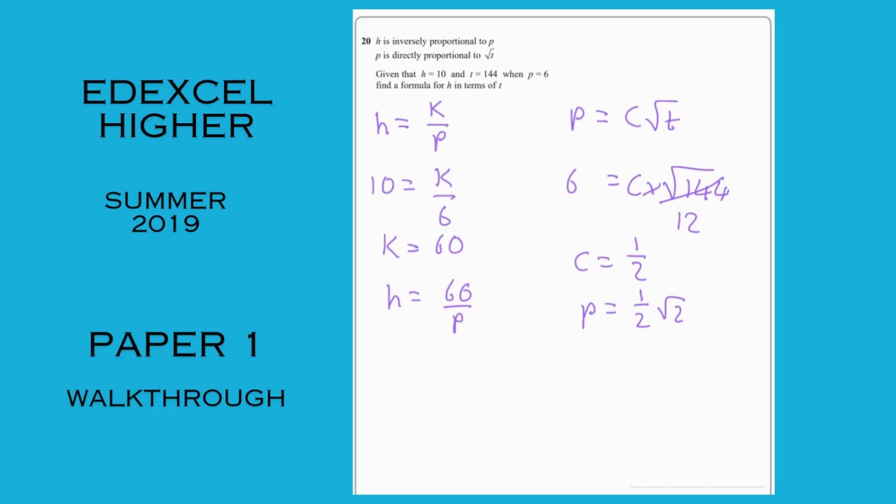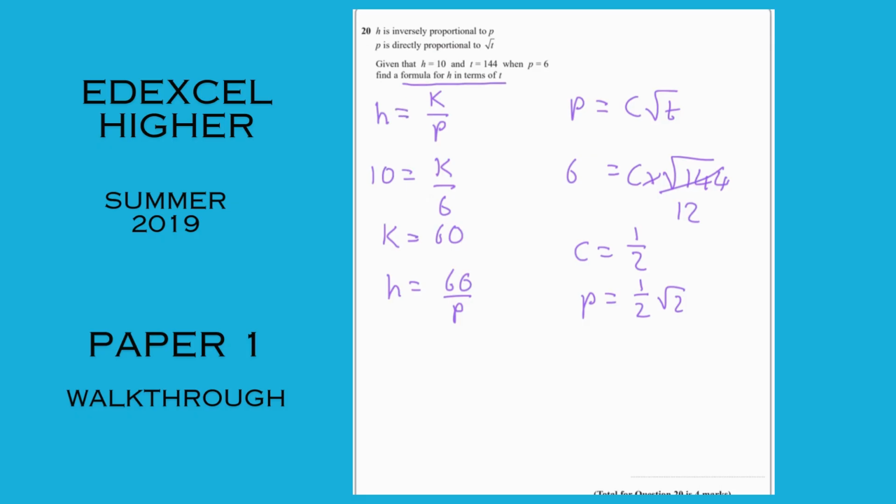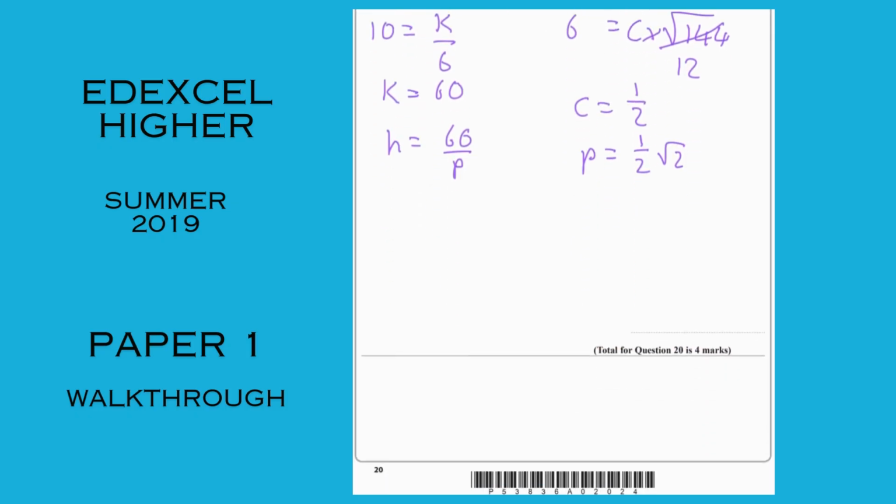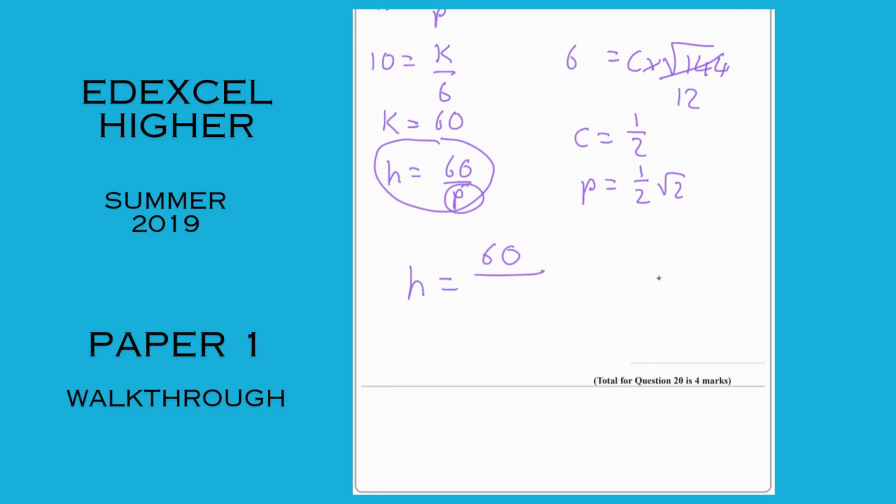Then that final sentence, find a formula for H in terms of T. It wants us to have H equals. So we start with this, 60 over whatever P is. Well, that's P. Don't know why the heck I've written a 2 in there. Did you spot it?